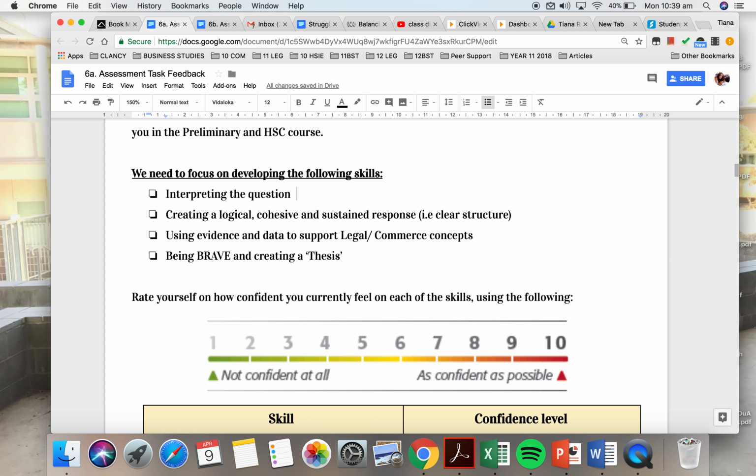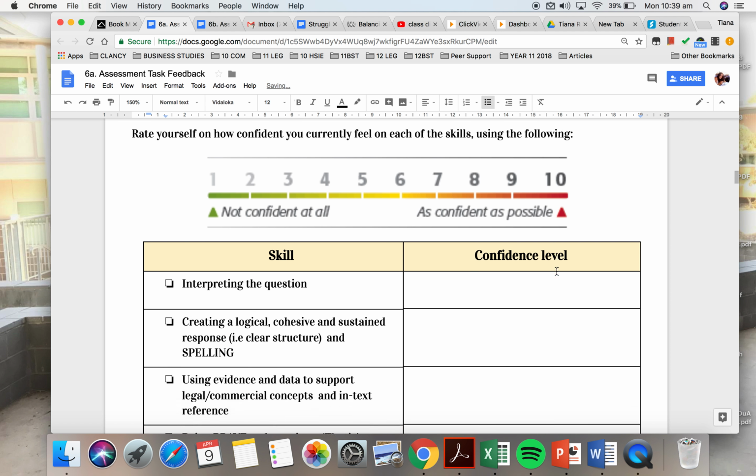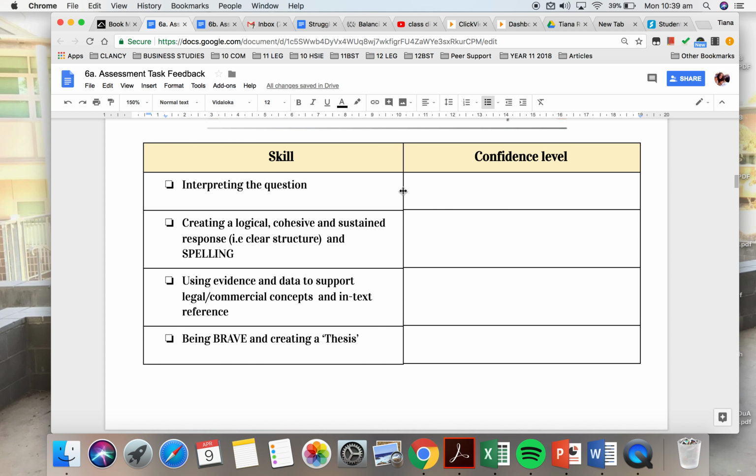Okay, so it might be a level 7. Actually, ignore what I said. I've created the table. You can do that in the table. Okay, so put the confidence level in the table. So it might be a level 7, the next one might be a level 8.